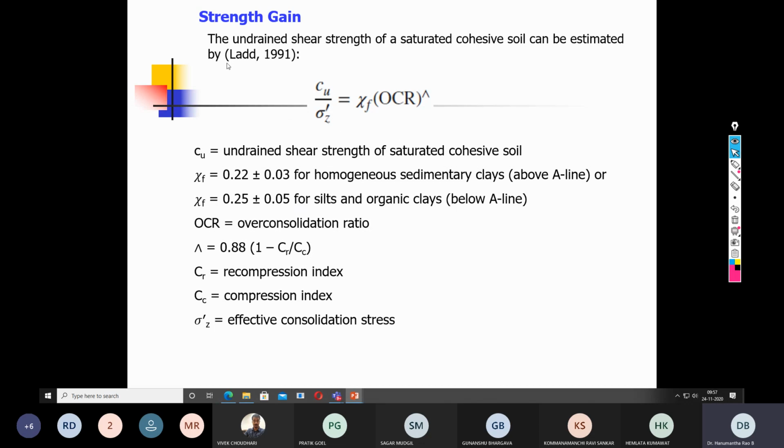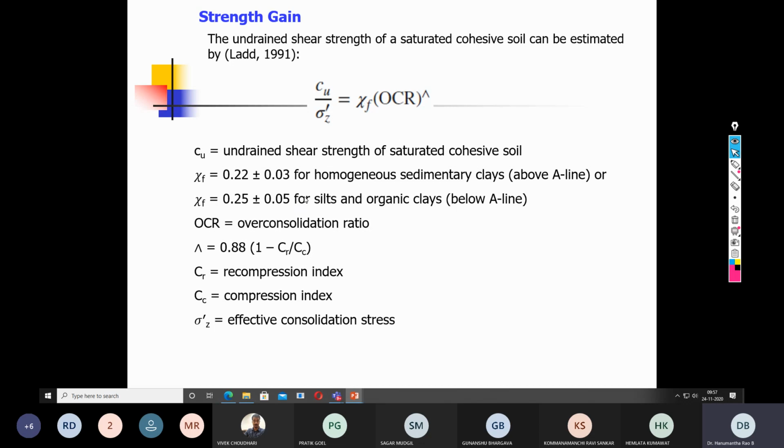So this is the equation proposed by Ladd. As you can see, Cu by sigma z dash is equal to chi f into OCR power. So Cu is the undrained shear strength of saturated cohesive soil, and chi f is the factor.